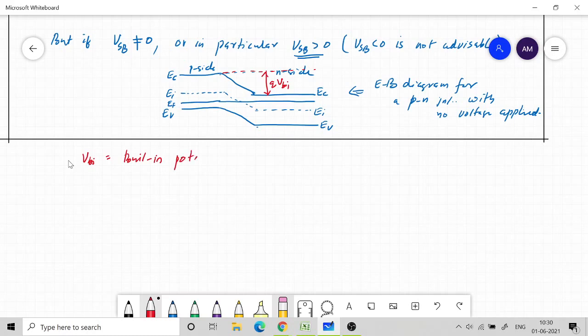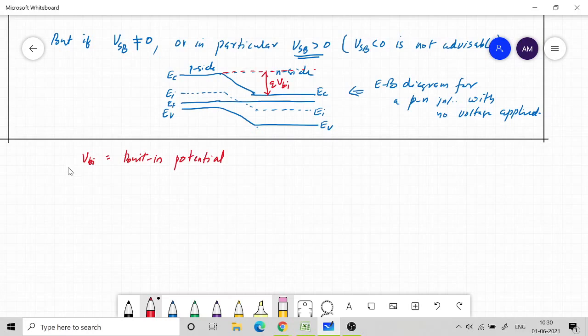VBI is called the built-in potential, from which we get basically the cut-in voltage, etc. for the PN junction. For silicon this is going to be larger compared to germanium, because of the difference in the intrinsic carrier concentration, etc. So those are the details.